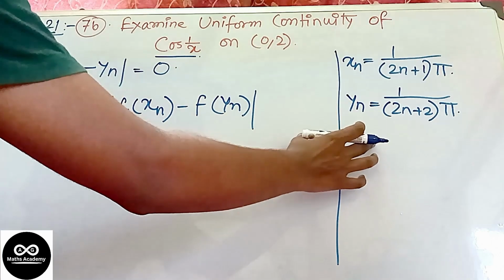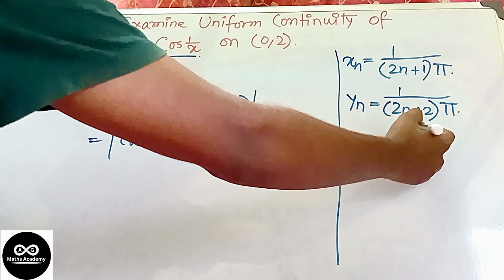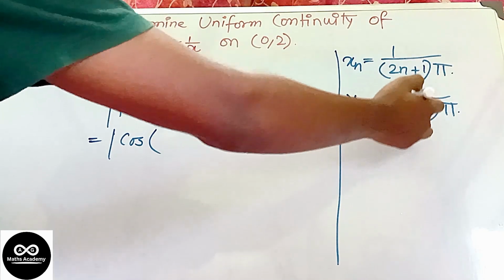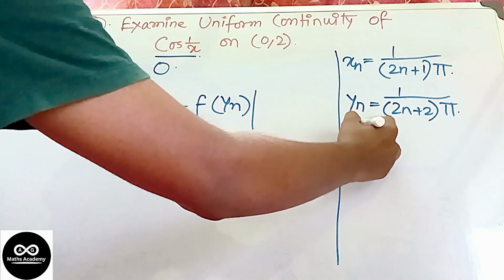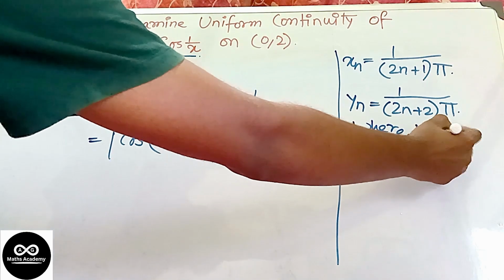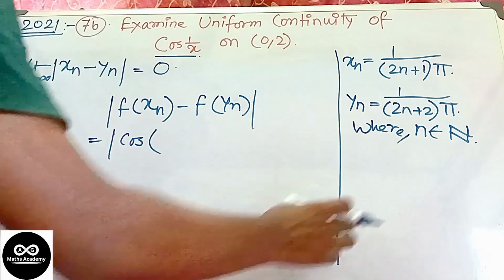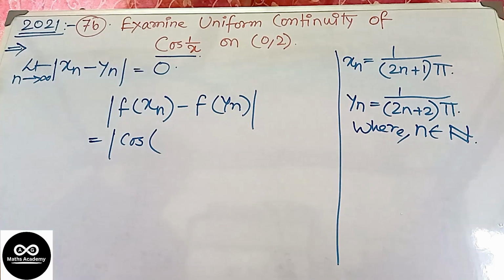I actually forgot to mention that here n belongs to N, the set of natural numbers. This is very important. I forgot to mention this before.